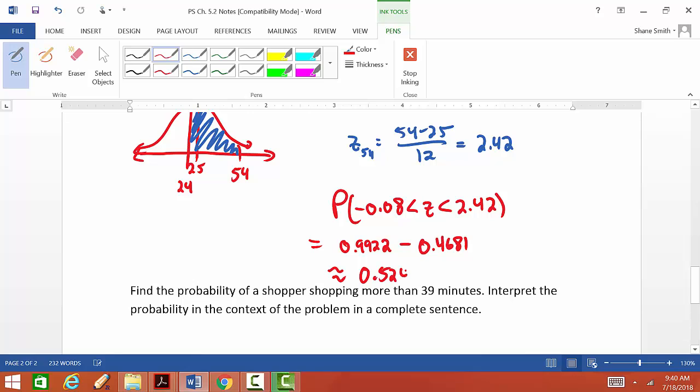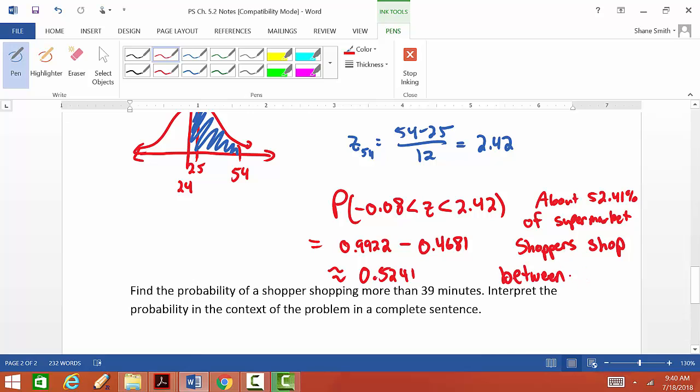So that's 0.5241. So we can say about 52.41% of supermarket shoppers shop between 24 and 54 minutes. Bing. There we go.